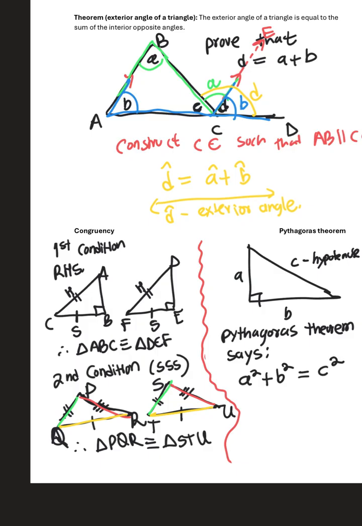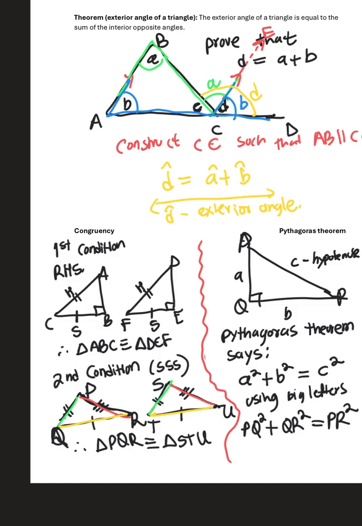If, let's say, we had letters P, Q, and R, using the big letters the theorem will be PQ squared plus QR squared equals PR squared.